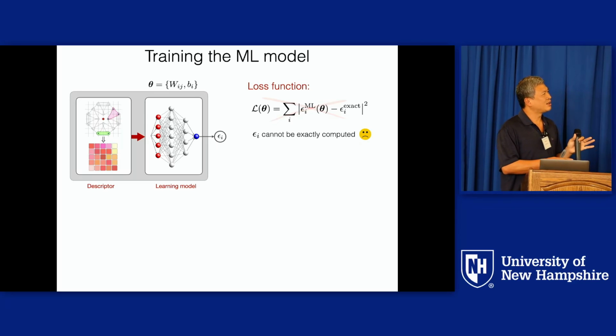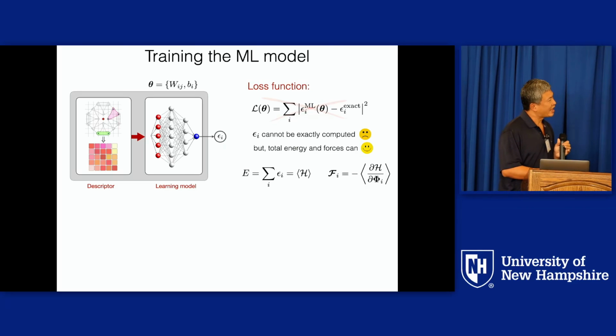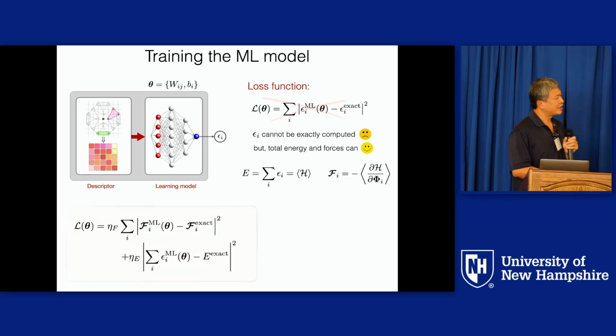In some sense, this local energy introduced by Behler and Parrinello is like a latent space variable. But we can compute the total energy and the force. For example, the force can be computed using the Hellmann-Feynman theorem. So the loss function instead is the MSE of the force and also the total energy. Instead of using the local energy directly, we use this as the loss function.